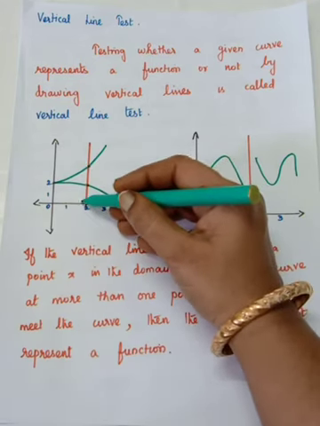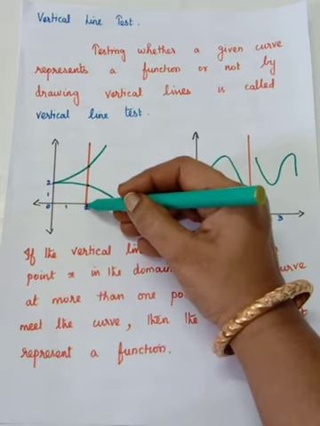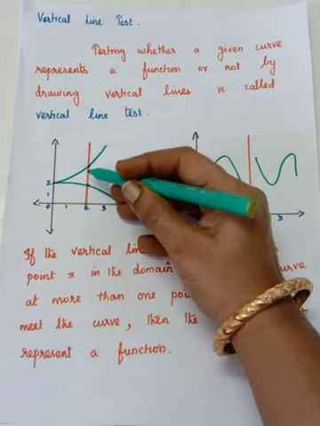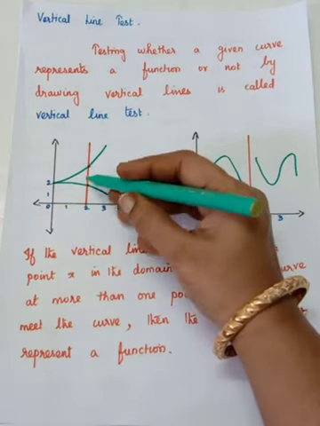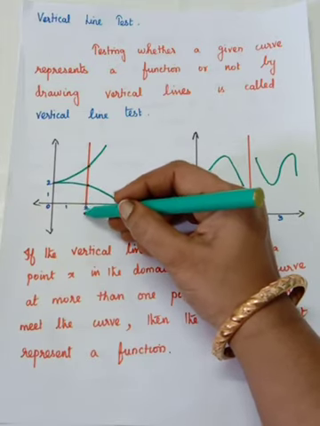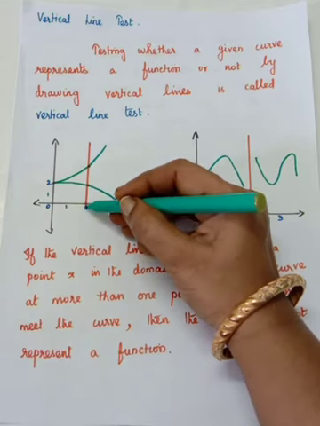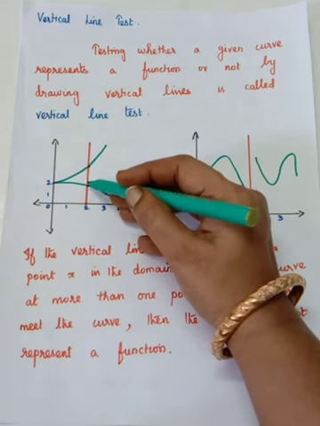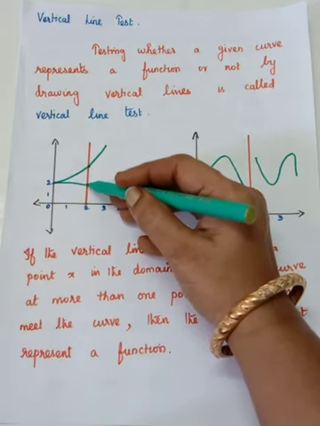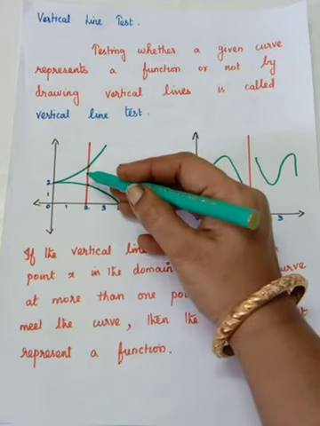So for one value of x, you are having two values of y. For the element x equal to 2 in the domain, how many values do you have for y? Two values.